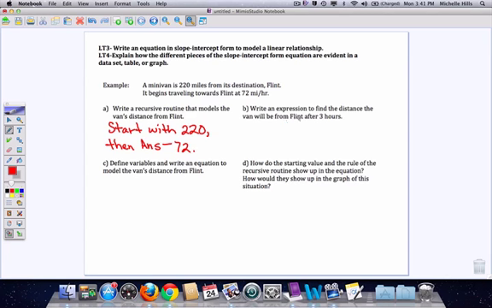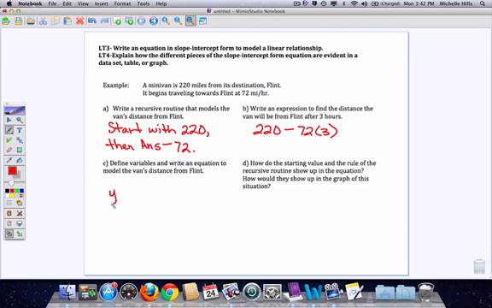An expression to find the distance it will be from Flint after 3 hours. Well, I'd start at 220, and I'd have to subtract 72 3 different times. So that's the same thing as 72 times 3. Because I don't want to write minus 72, minus 72, minus 72. To write an equation to model the van's distance, think about it, it would be very similar to this.